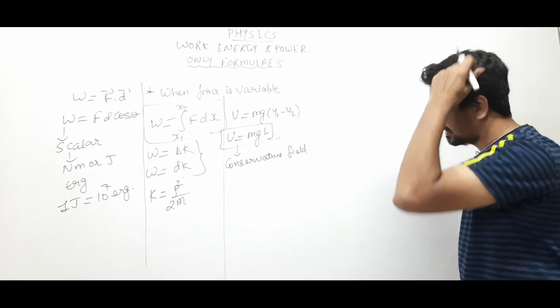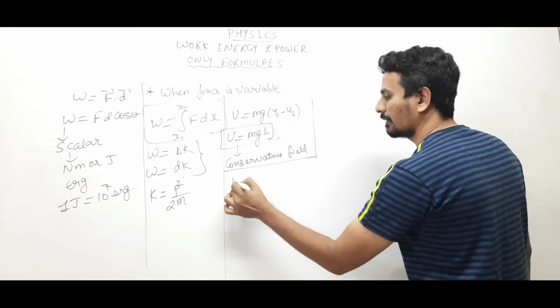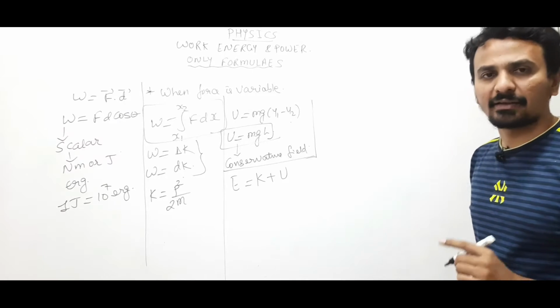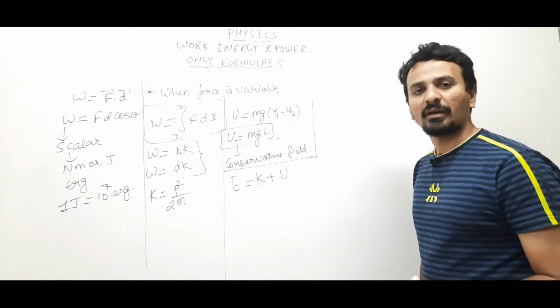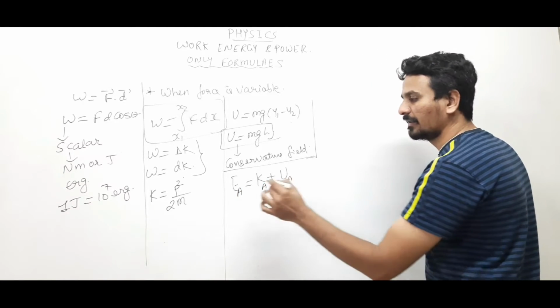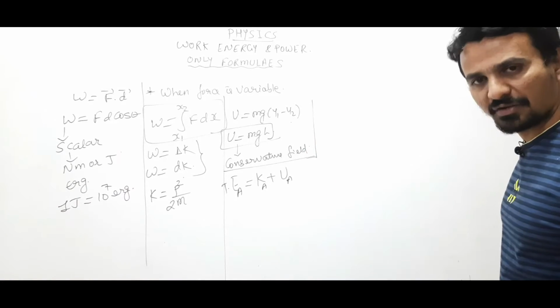Then we have seen that total energy, which is kinetic plus potential, the total or mechanical energy at each and every point will always remain the same. That means total energy at any two points can be compared. This is the total energy, which is the sum of kinetic energy plus potential energy.